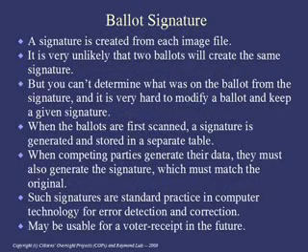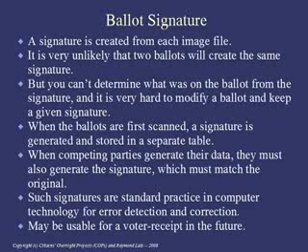Now, earlier I mentioned the ballot signature. This is basically a number which is created from each image file, and it's generated using an algorithm which is well known. Now, with these types of signatures, it's really quite unlikely that 2 ballots will create the same exact signature, even if they look the same to a human being.